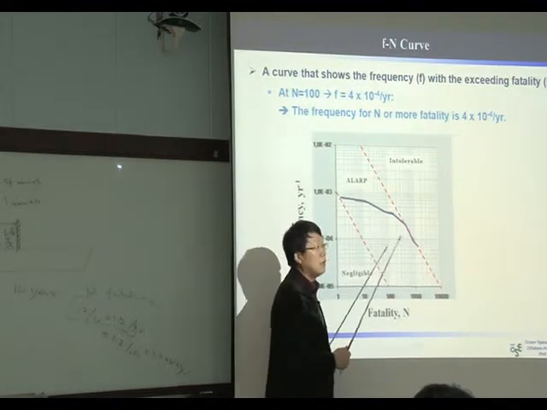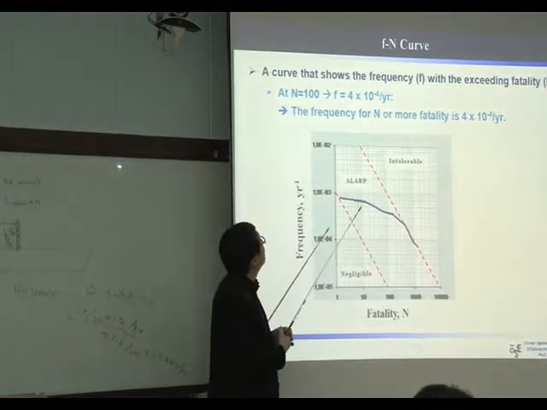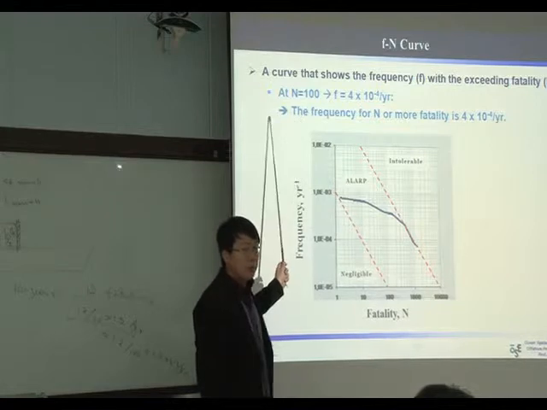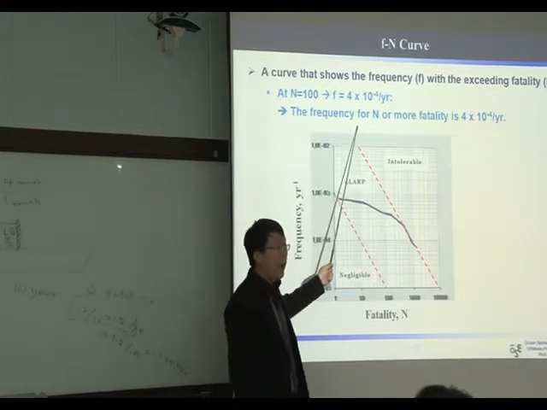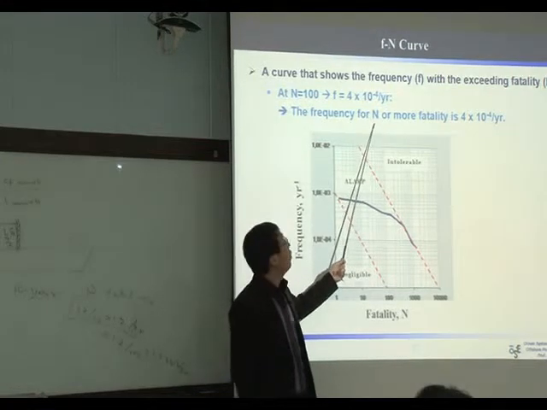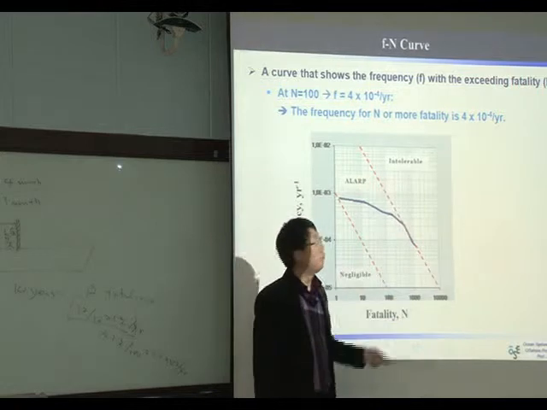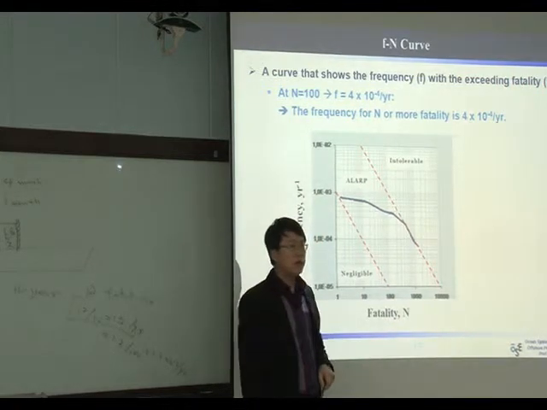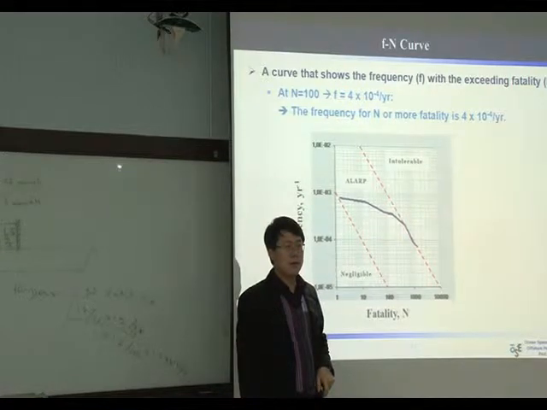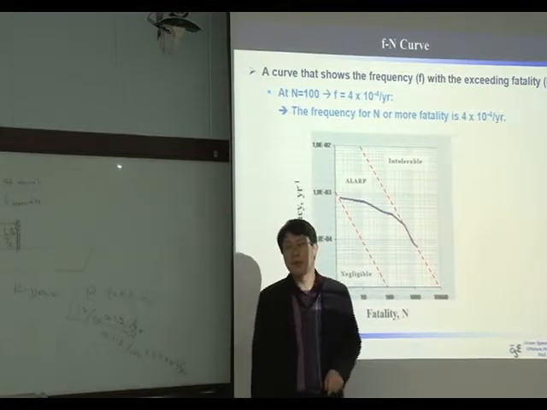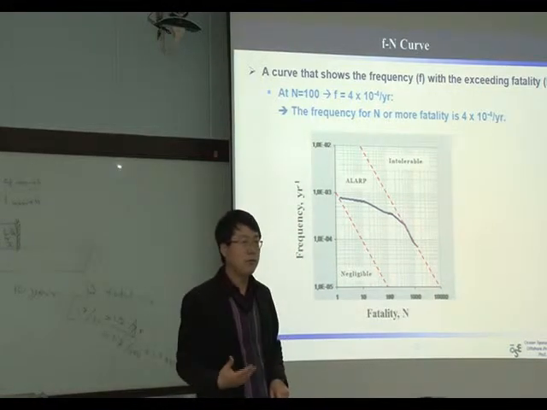So you should interpret it like this: the frequency for 100 or more fatalities is 4 times 10 to the minus 4 per year. I know how confusing it is, but actually it is a very convenient concept.